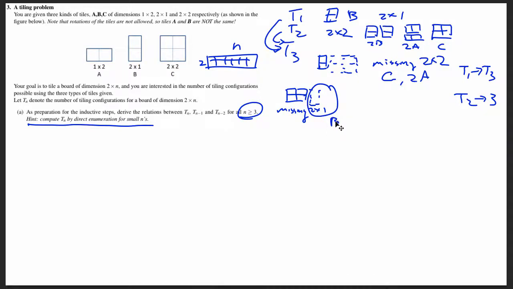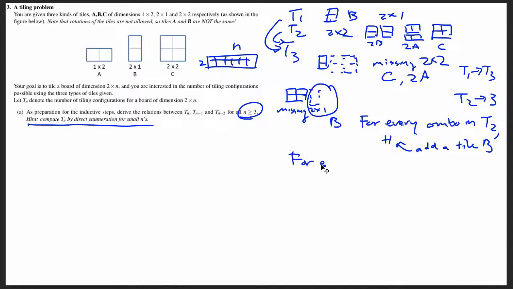You can only fill this with tile B. So, for every combo in T2, you add 1 because you add a tile B. And for every combo in T1, you add 2 different possibilities because 1 can come from C and 1 can come from 2A.